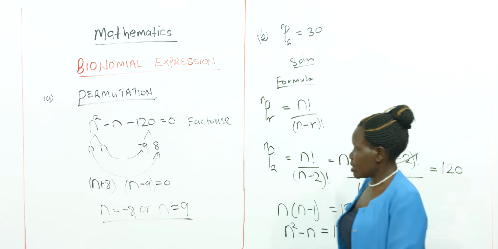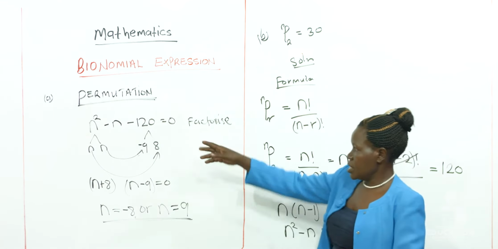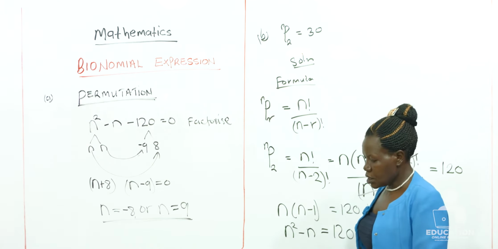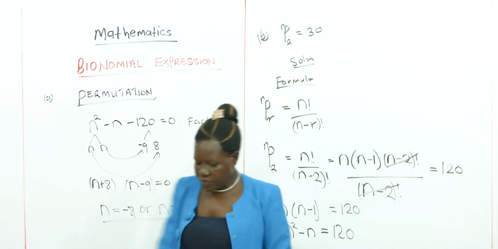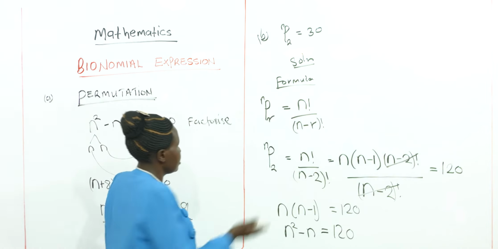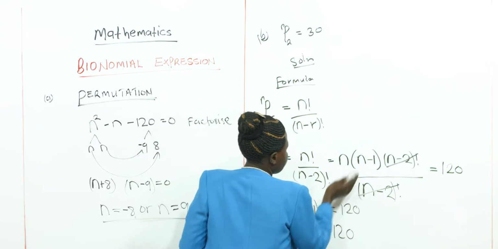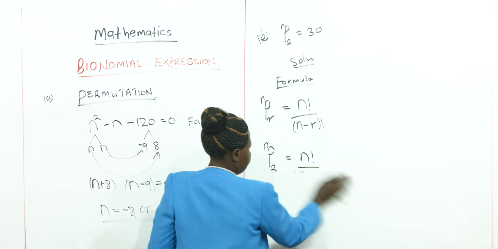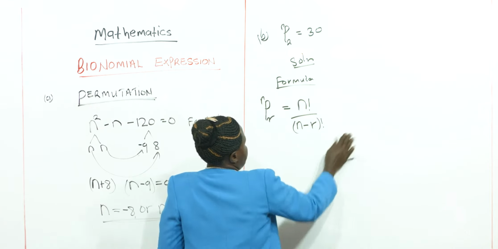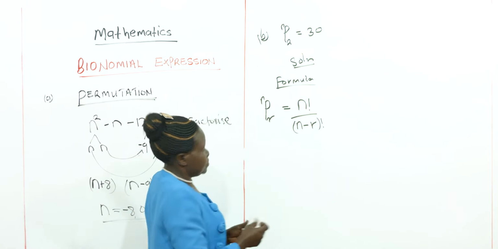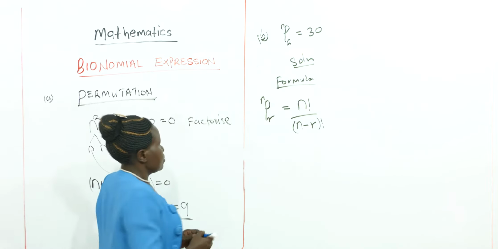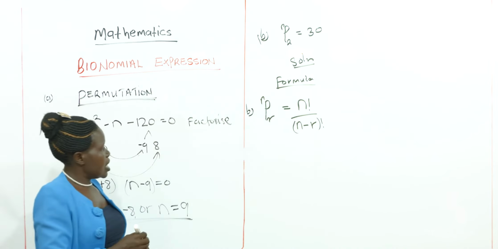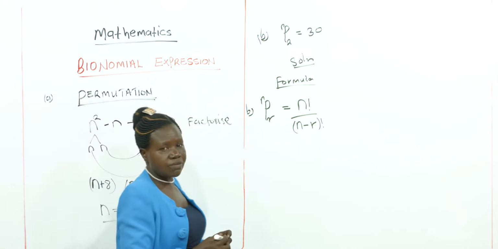So when I substitute it there, it will give me 120. So, dear learners, that is the solution for part A. Then now we move to part B. For part B, we do the same: you state your formula, and then after stating your formula, you substitute.